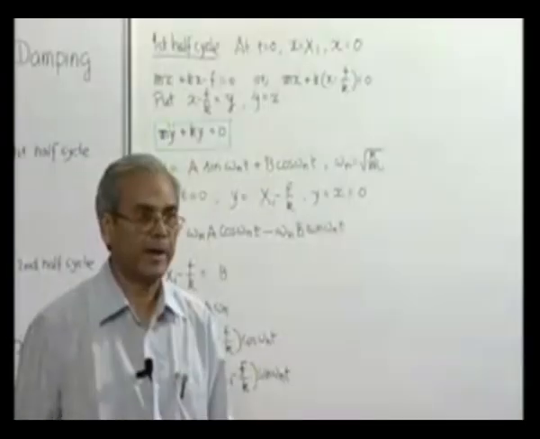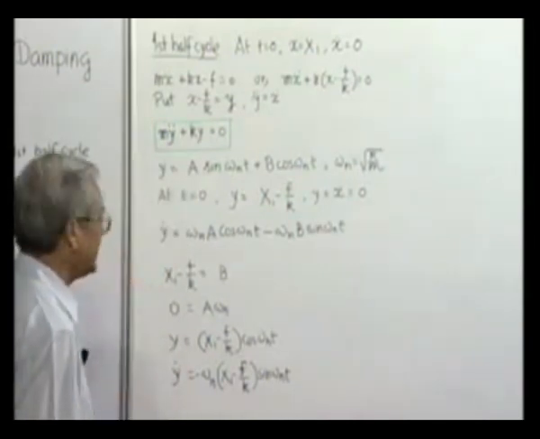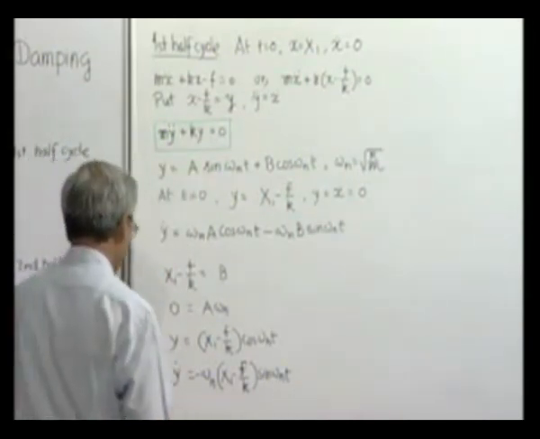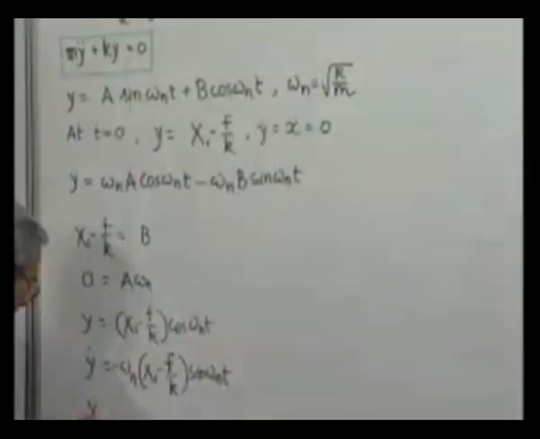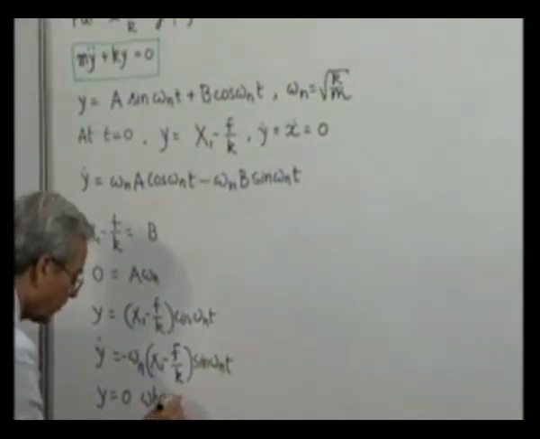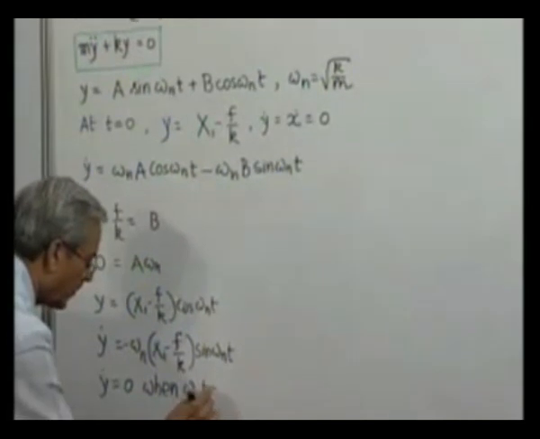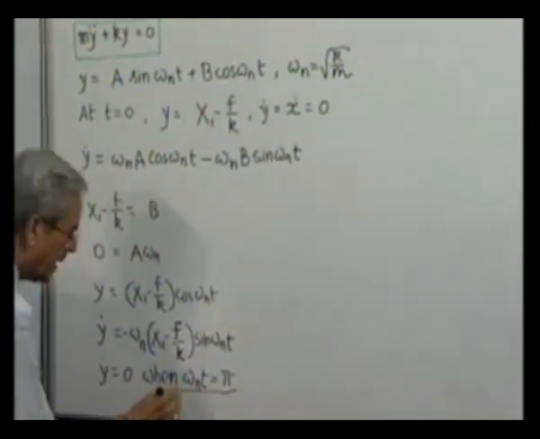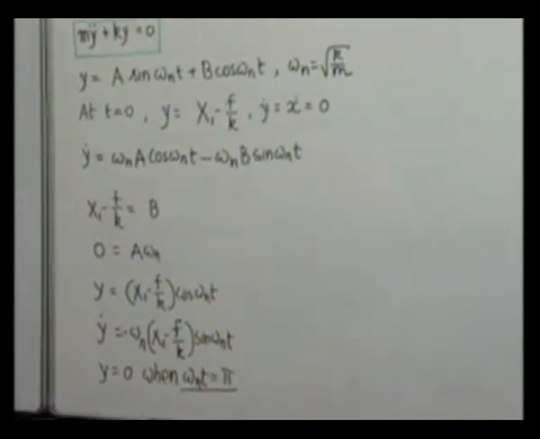When sin omega n t becomes 0 again, omega n t is equal to pi. That is the end of the first half cycle.